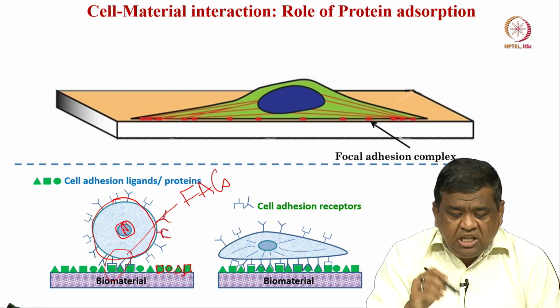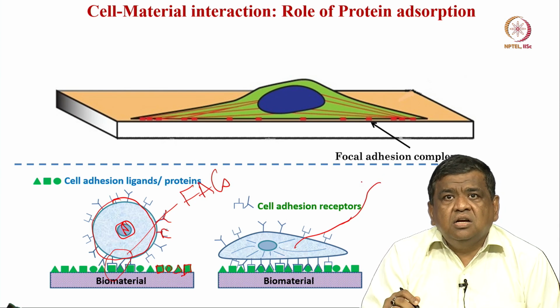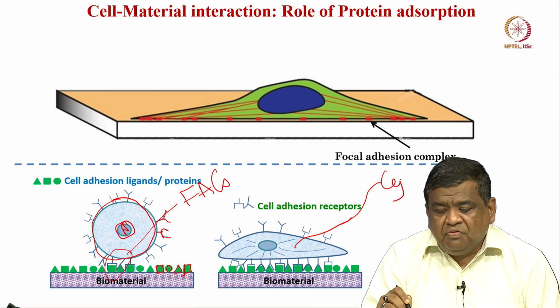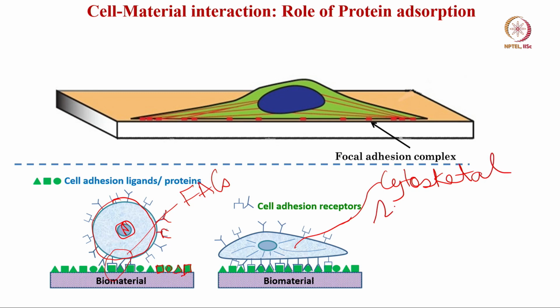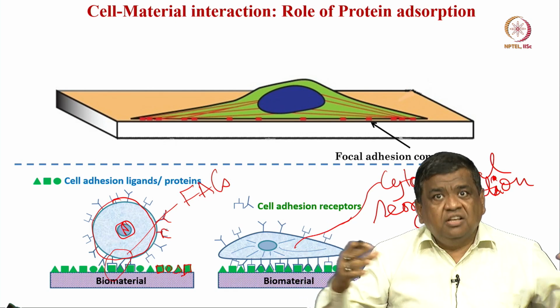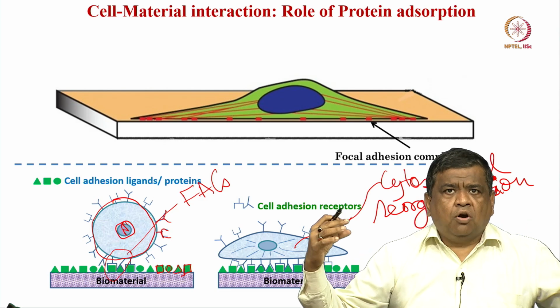Now, this particular process, the shape morphology change to facilitate better interaction with the biological system, is possible only when the cell undergoes a cytoskeletal reorganization process. This cytoskeletal reorganization means actin filaments must be stretched, and if they are stretched, then the cell also would go from a more spherical shape to an oblate sphere shape.